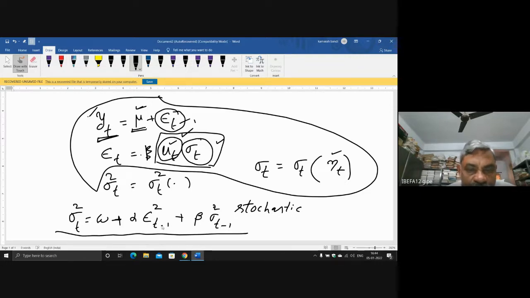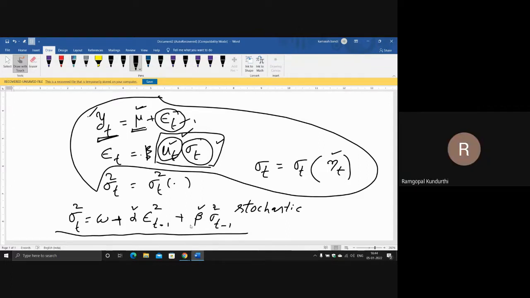So you want to know what is alpha and what is beta, and how do you distinguish these two? That's right. Because from the formulation, it looks like alpha is already including the beta element, because epsilon is already including the sigma.